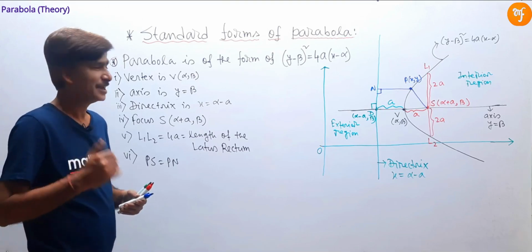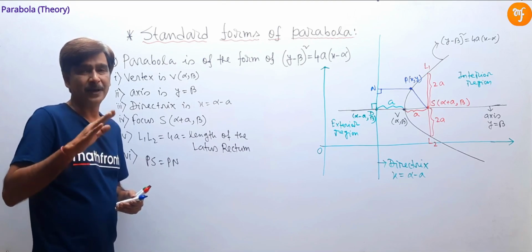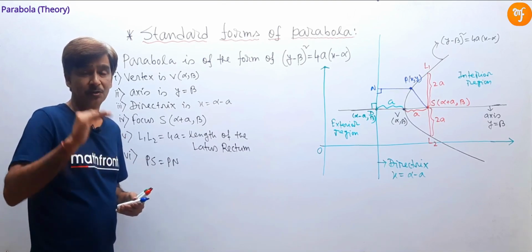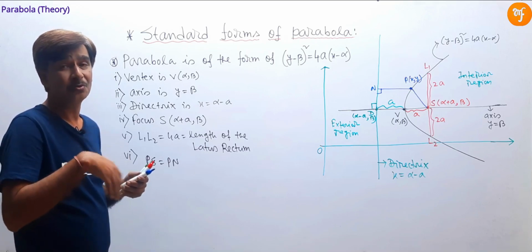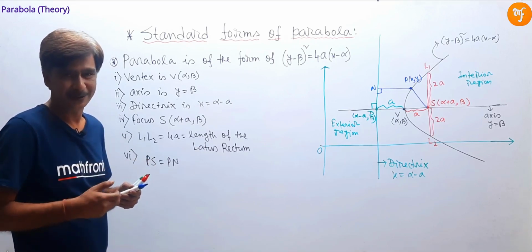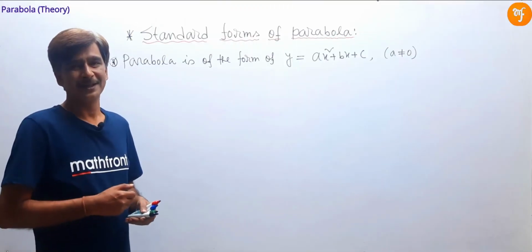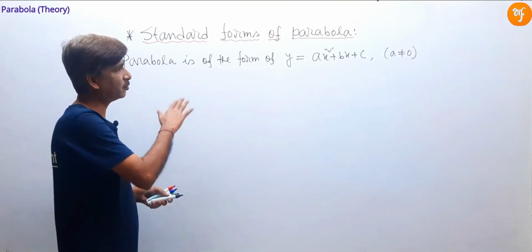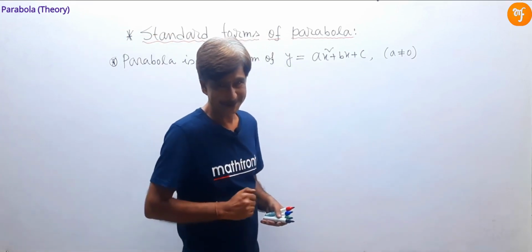Understand? Clear? Now come to another form of the parabola, that is, if the parabola is of the form y is equal to ax square plus bx plus c, then how can we identify the parabola? Okay, so let's have a look. So friends, now we are discussing the parabola of the form y is equal to ax square plus bx plus c.